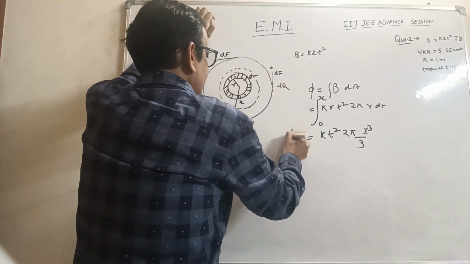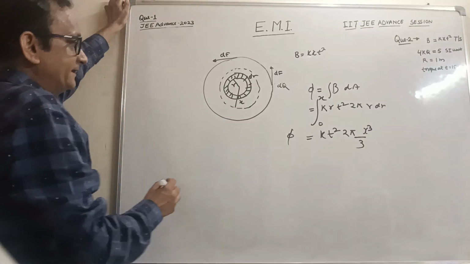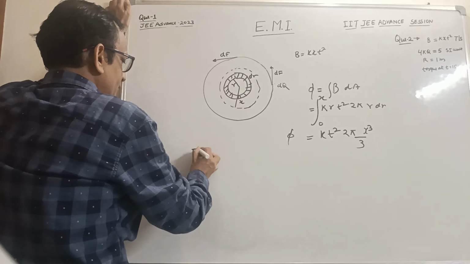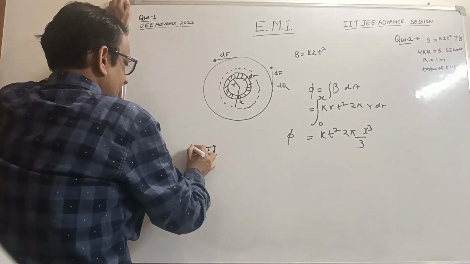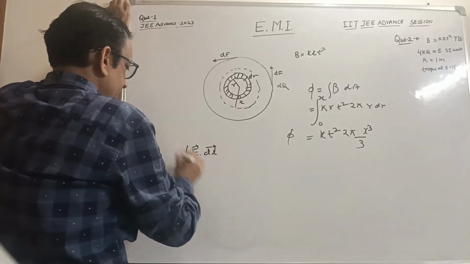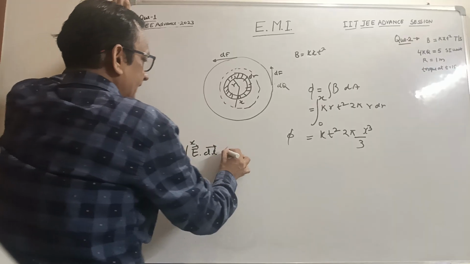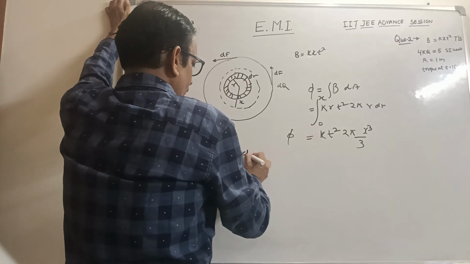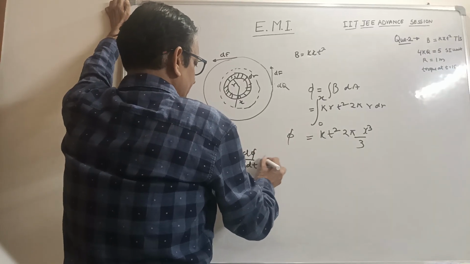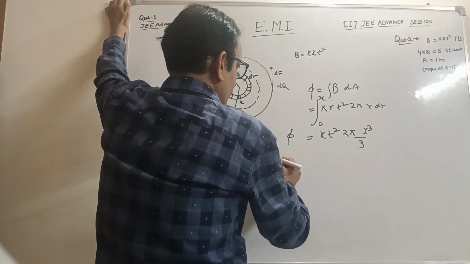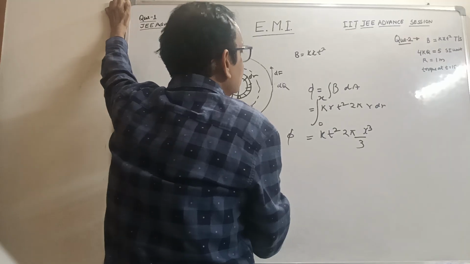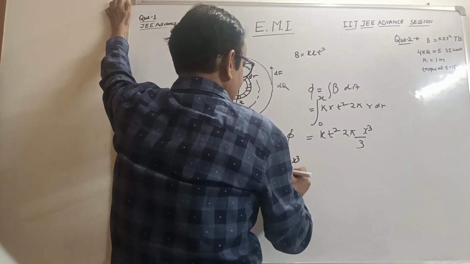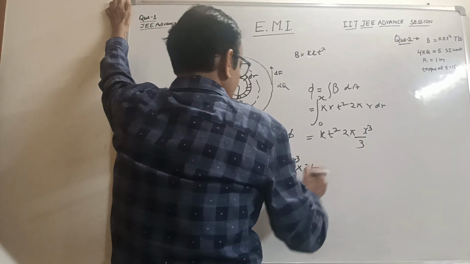This is the flux. So we have to calculate the change in flux. The integral of E dot dl from 0 to x becomes d phi over dt. So differentiating, d phi over dt becomes 2 pi x cubed by 3 into 2t.